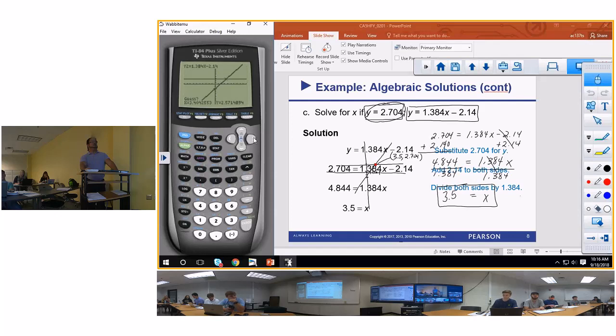That just slows down the process. I mean, it increases the process because it doesn't have to start from the left-hand side of the graph and find the intersection point. Instead, when you give it a guess, it starts right there where that X is. So it just kind of speeds up the process. And hit enter. 3.5 and 2.704. It's a miracle.